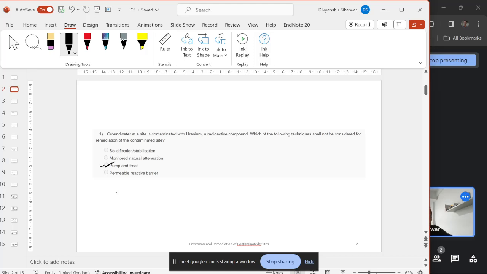Once you remove water, the contaminant might reappear because of various reasons such as adsorption and absorption into the soil, or presence of other NAPLs and all those things. Because of those reasons, the pump and treat method is not suitable. As discussed in the lecture, it's not suitable for treatment of uranium.